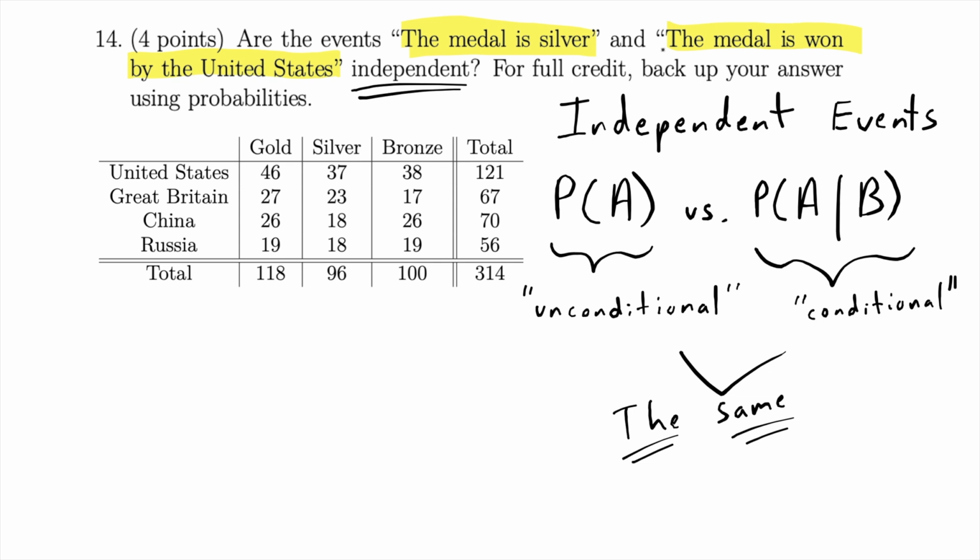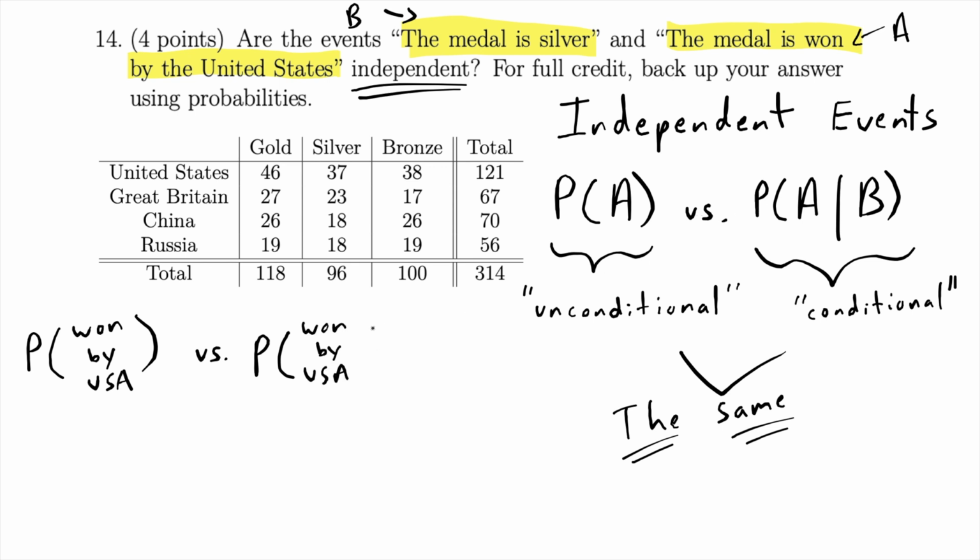I'm really going to mix it up here, and I'm going to call A, the medal is won by the United States, and this event is going to be my B. So what I need to do is find the unconditional probability that it's won by the United States, and I need to compare that to my conditional probability, the probability that it's won by the United States, if it's given that it's silver. And comparing these two probabilities is going to allow me to determine whether these events are independent or not.